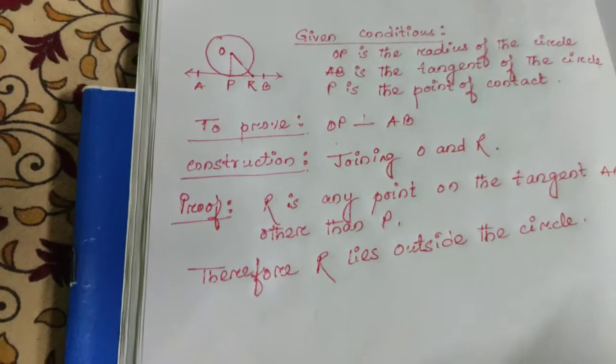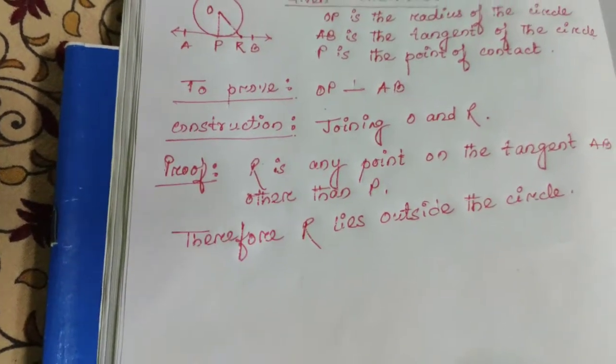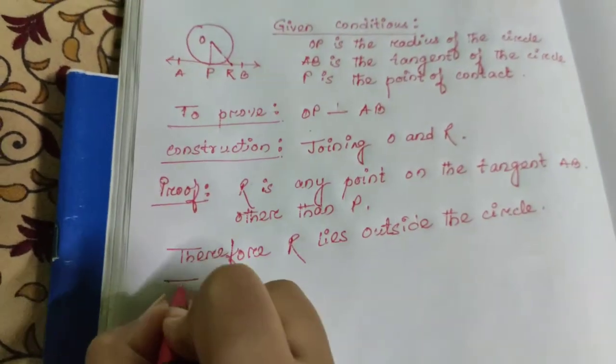As AB is the tangent, therefore R lies outside the circle.